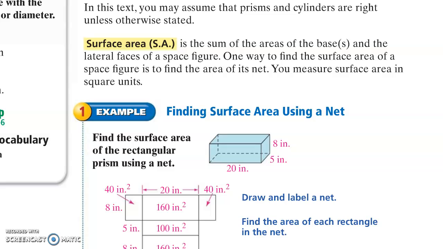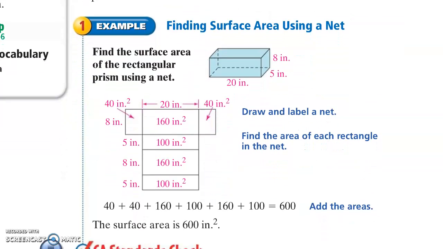The surface area is the sum of the areas of the bases and the lateral faces of the space figure. Basically, what they're saying is that it is the combination of the two bases and the sides. Now, in a previous lesson, we talked about how to draw net diagrams, or nets, of space figures like this.